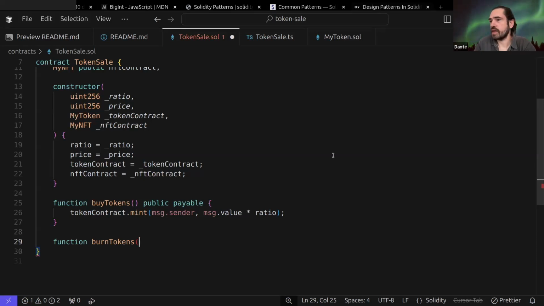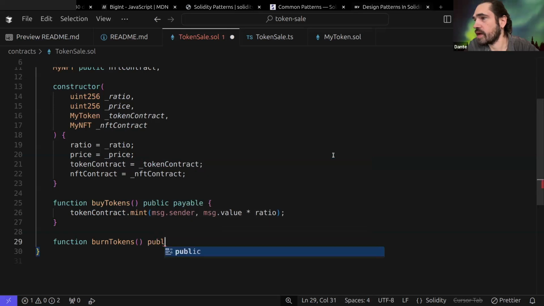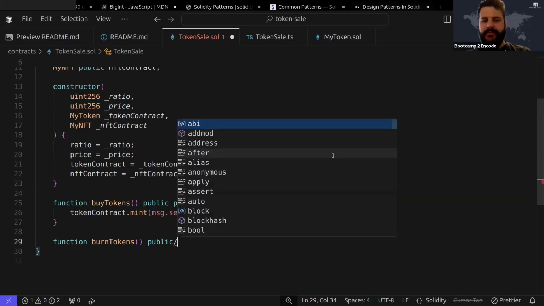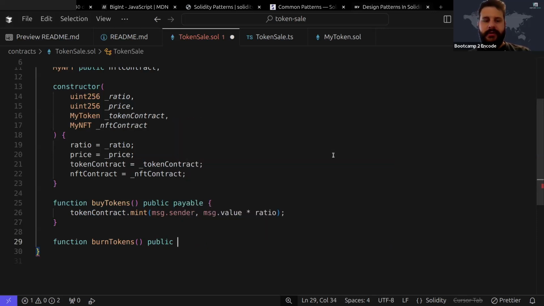Well, again, we're going to have to make it accessible. Public or external? Okay, let's go with public, external would do.